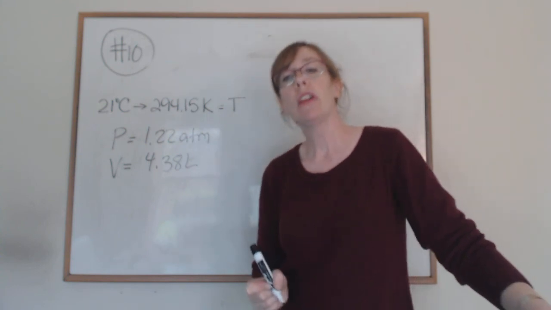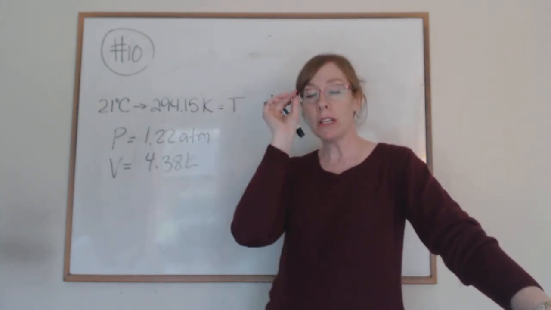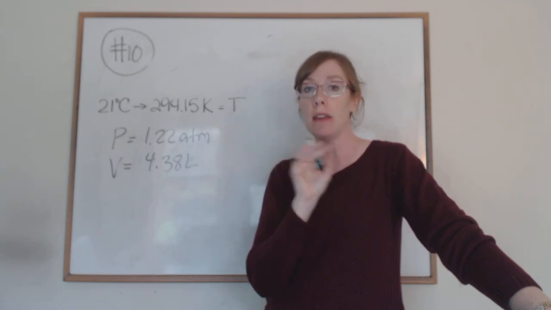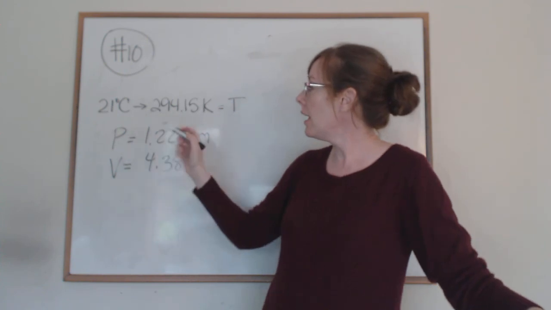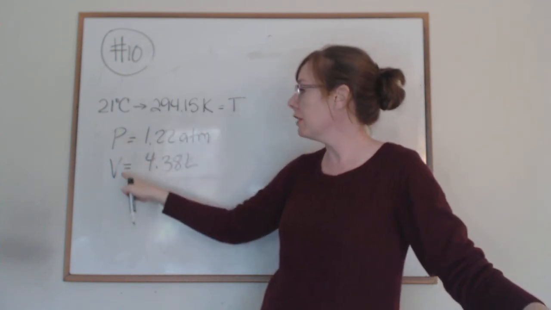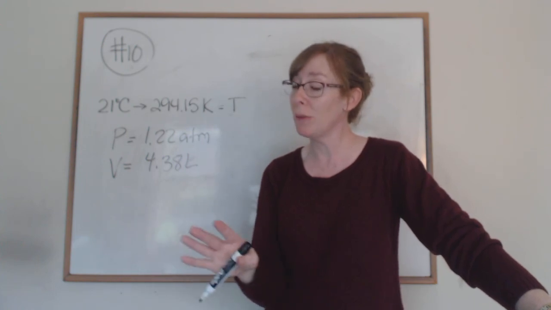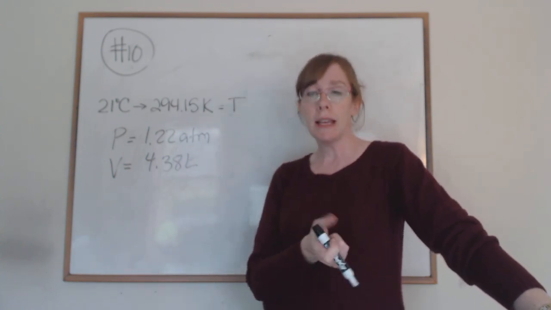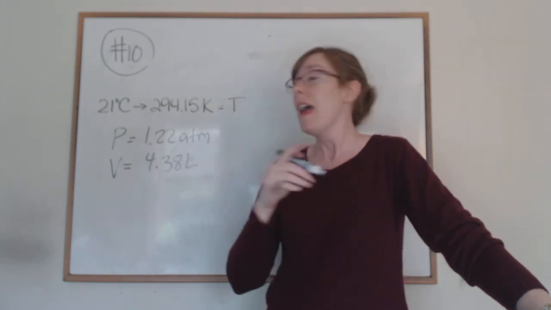Okay, what volume will it occupy if the pressure is increased? This type of question is not an ideal gas law question because you'll notice, yes, you're given temperature, pressure, and volume, but it's not asking you to solve for a number of moles. You could if you wanted to, but that's not what the question is. The question is asking what the new volume will be if you change the pressure, and that is a Boyle's law question.